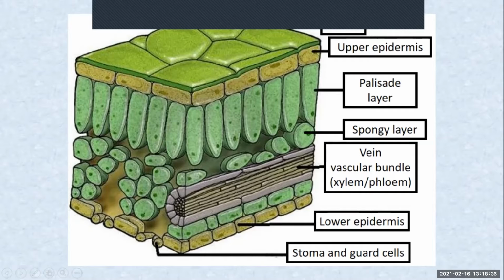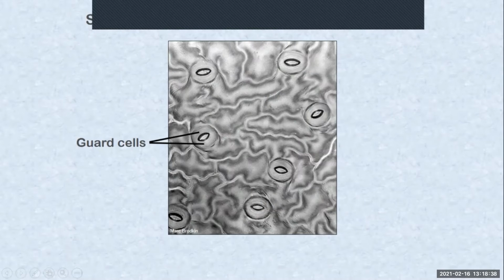All right, so looking at the bottom surface of a leaf, you can see under magnification the guard cells and the stomates or stomata. And it is through these guard cells that you have gas exchange occurring.